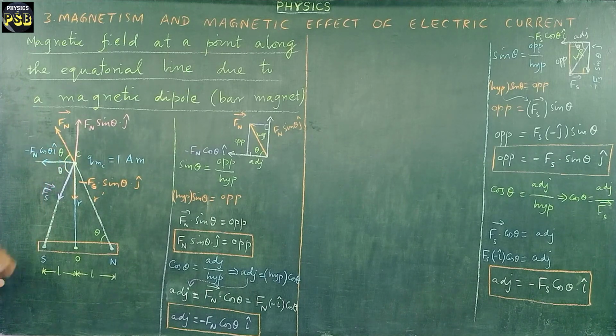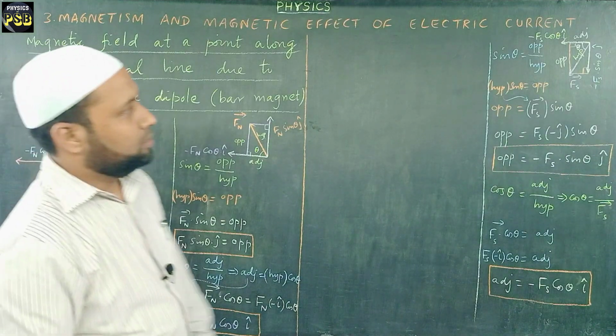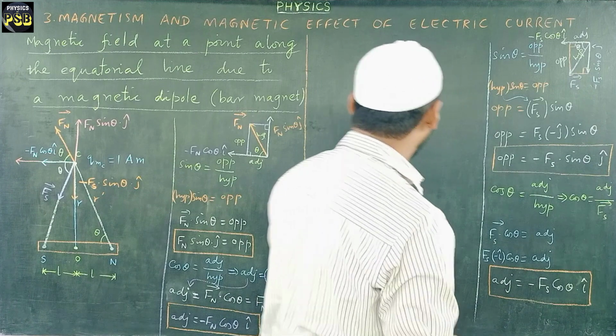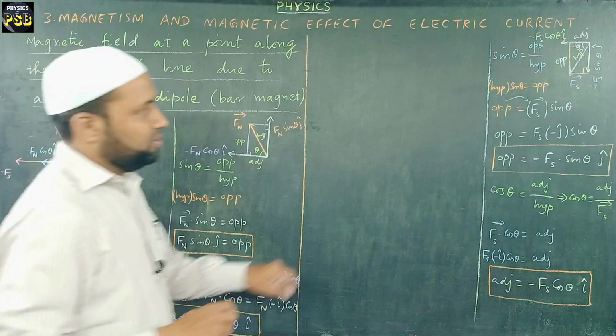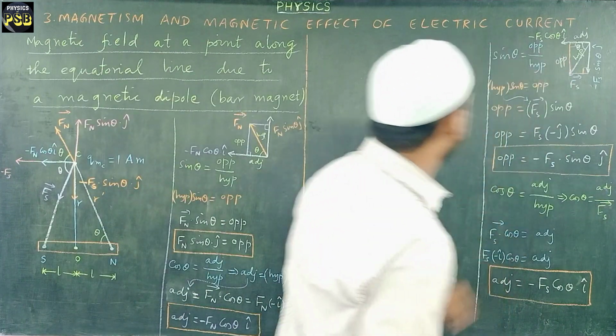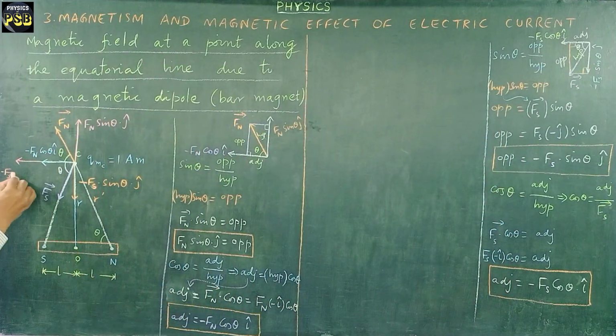Then this one represents the horizontal component of Fs vector, and that's nothing but minus Fs cos theta i cap.